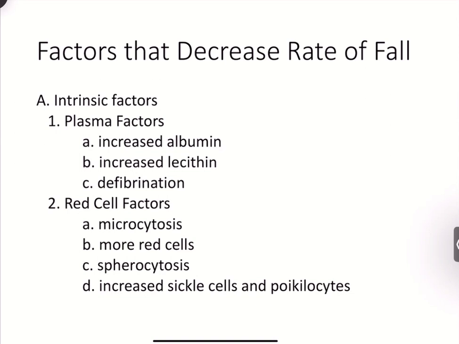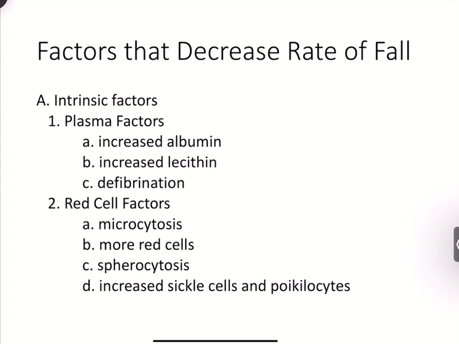This will promote blood viscosity. The blood viscosity will increase, that's why the rate of fall of your ESR will be decreased. Defibrination: the RBCs do not perform much rouleau formation because there is no fibrinogen present in the plasma.